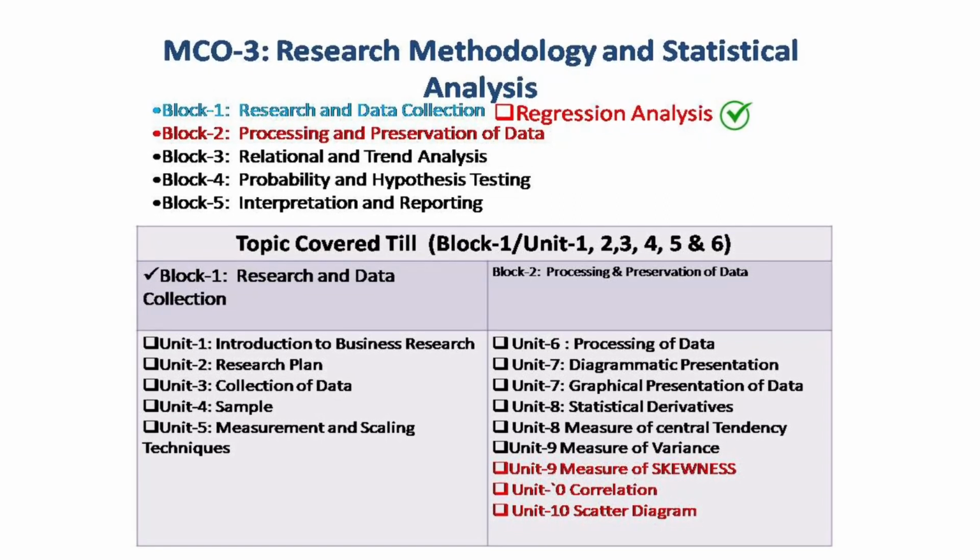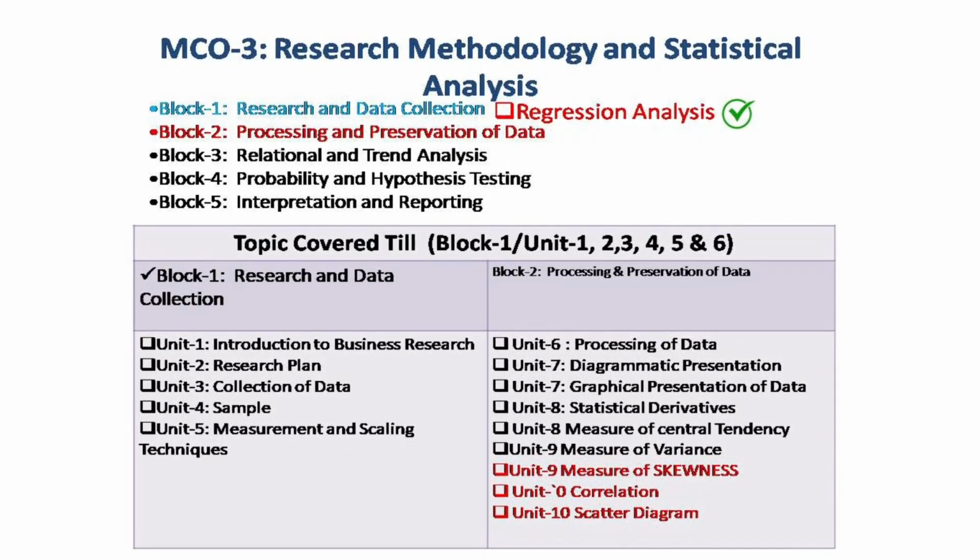In our preceding session, this is part of our chapter called Unit 10, which talks about regression analysis and correlation. Correlation we have already covered in our preceding sessions, and we have seen how correlation plays a very important role when we are talking about the relation between two variables.